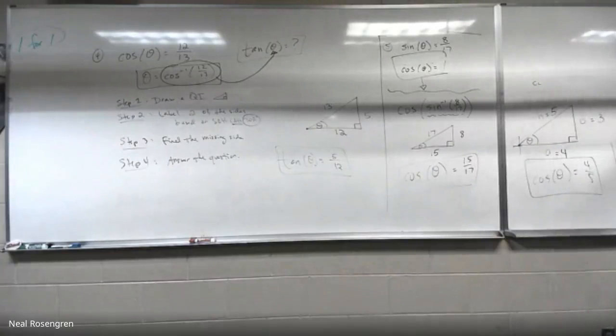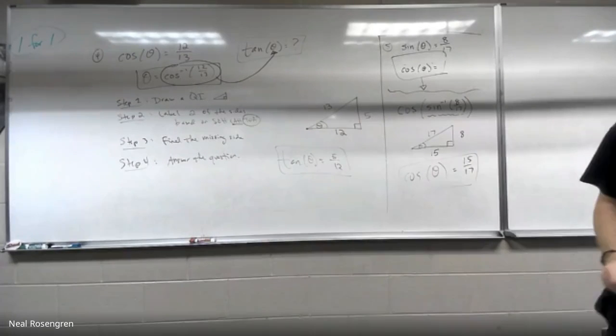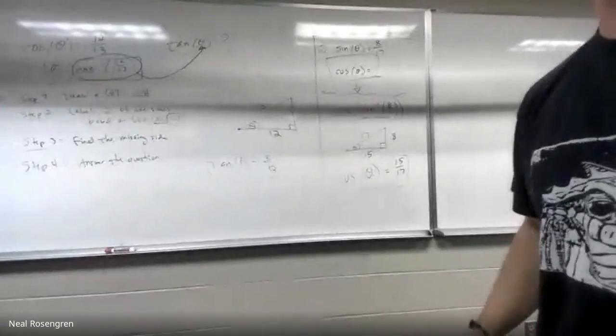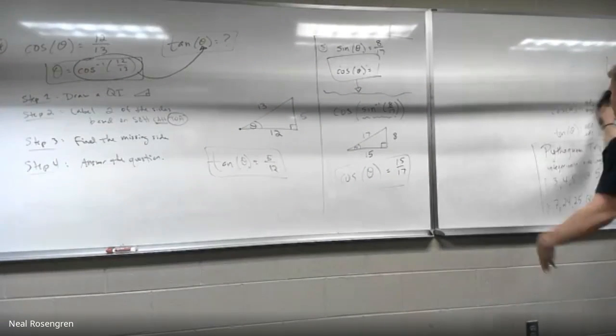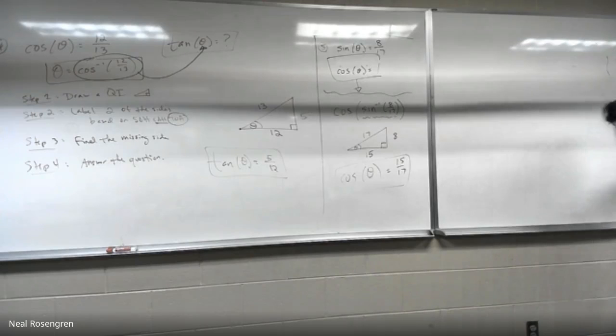So I just wanted to, and we're not going to flesh this out in a huge way just yet. We're not going to get to the point where we do a ton of practice with this. There was one question on the college trig final that looked like this, so I didn't want to spend too much time on it.